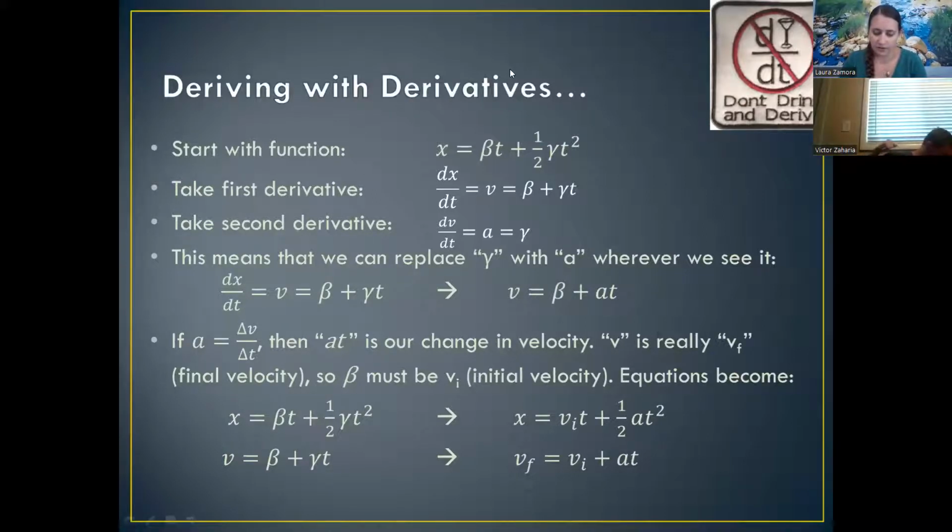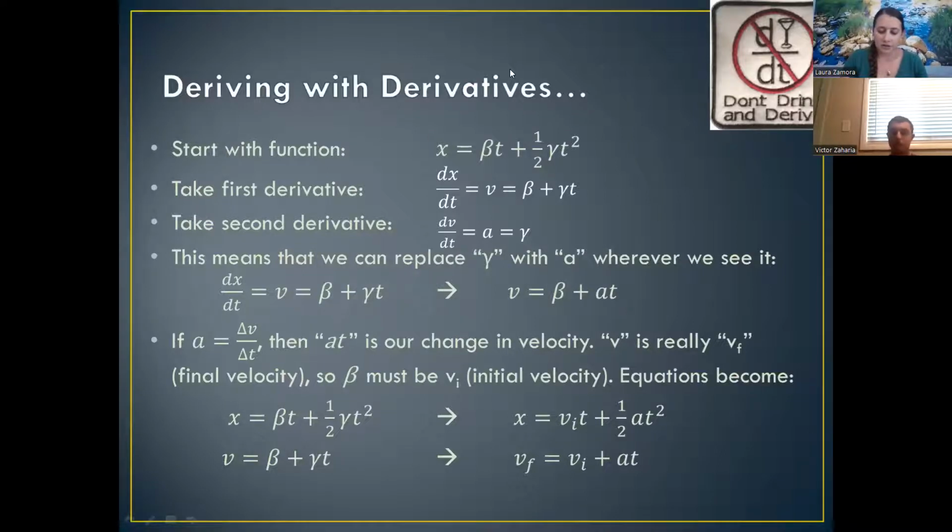So, okay, here's our equation. This is a really terrible equal sign. V equals beta plus at. Now, if we assume that v equals our final velocity, or velocity at a certain time that we're interested in, we can plug that in to our equation. So we just made v our final velocity. Okay.